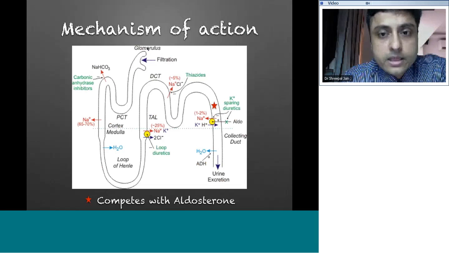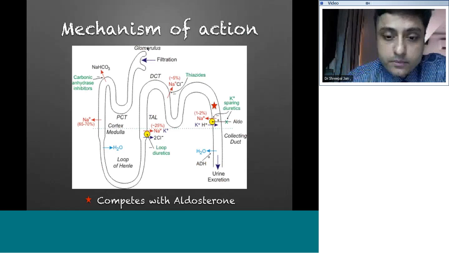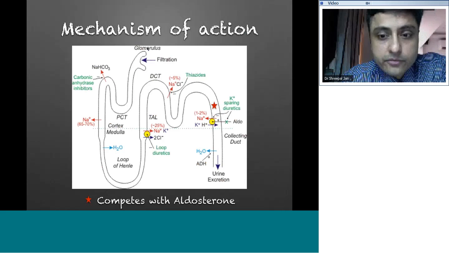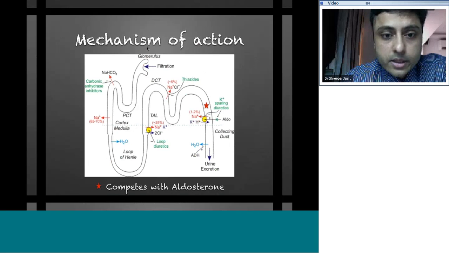So what is the mechanism of action? It basically competes with aldosterone for this channel, and as a result of blocking this channel produces loss of sodium and helps in retaining potassium. So that's why they're called potassium sparing diuretics.